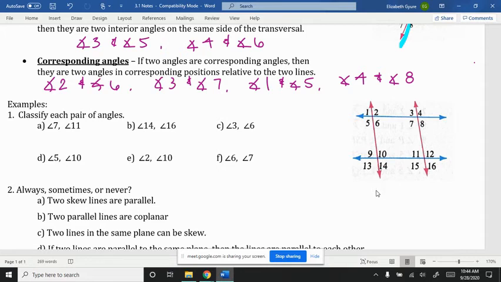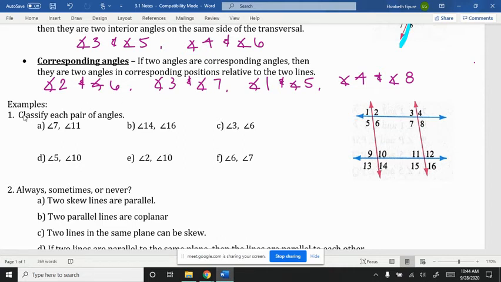If you look at it going the other way, like if I asked you to look at angles 15 and 14, your blue line on the bottom is your transversal, and then the red lines would be the lines that are being cut. So you have to kind of change your perspective depending on which angles you're looking at.